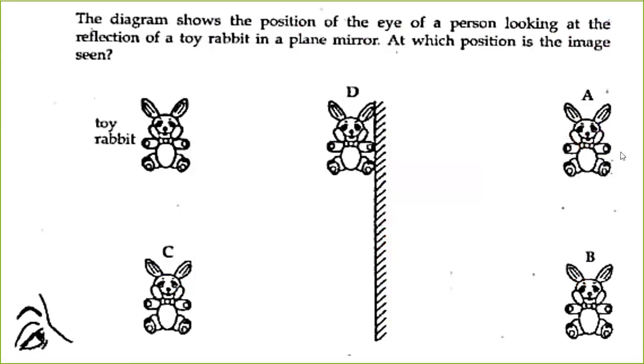Which image is going to be formed for this object? So what I've circled is the object, and we're looking at different positions where the image can be formed. So based on what I just said about object and image distance, which one of these, A, B, C, or D, is going to be the image of the object?